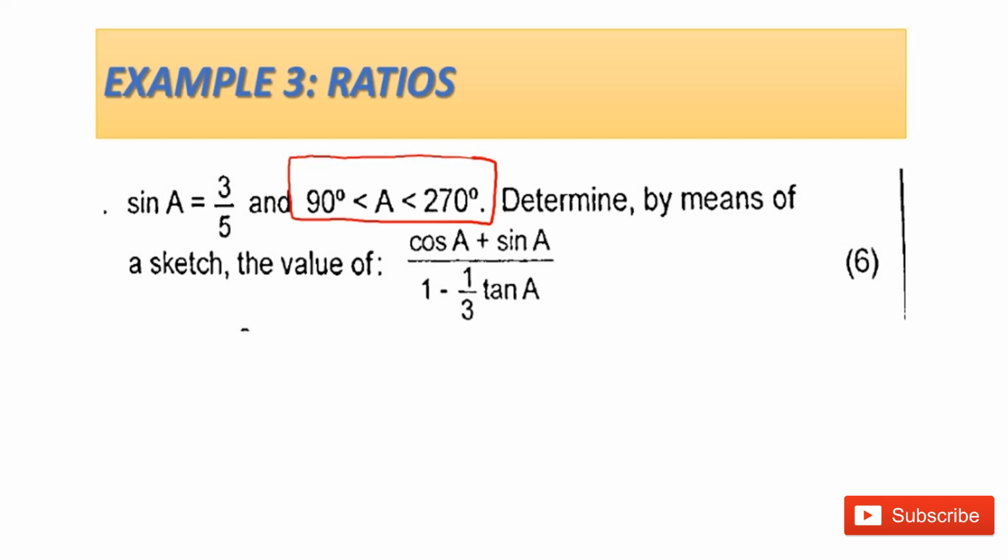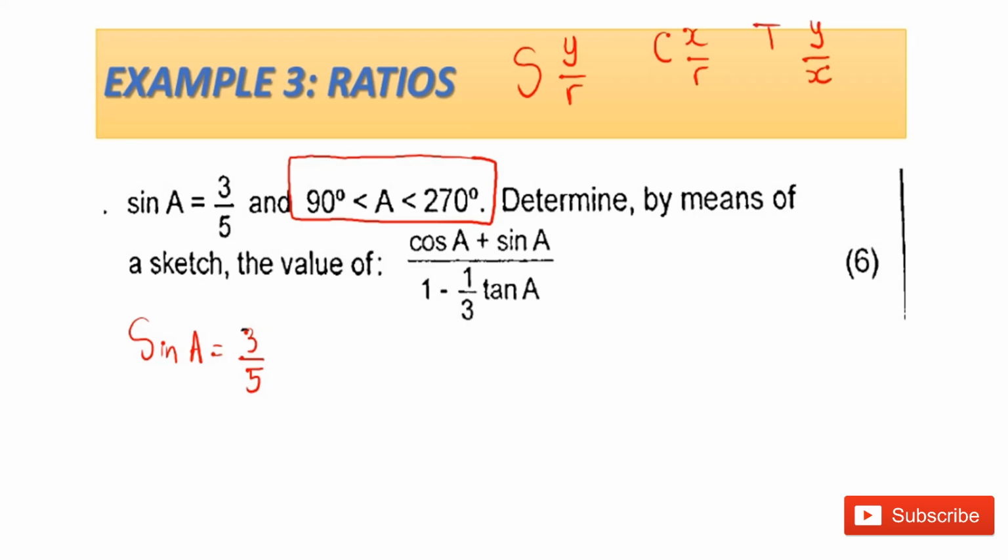Right, because we know that sine of A is equal to 3 over 5, what do we know? Sine is y over r, cos is x over r, tan is y over x.